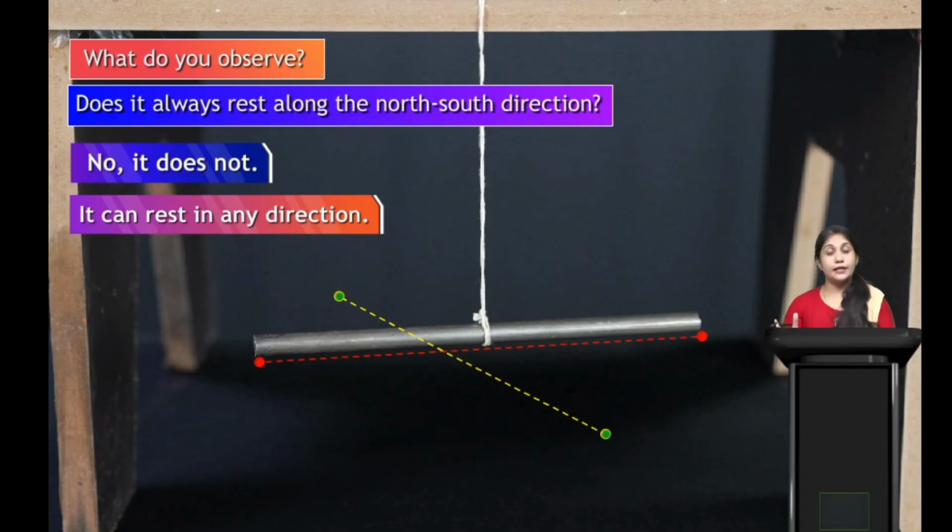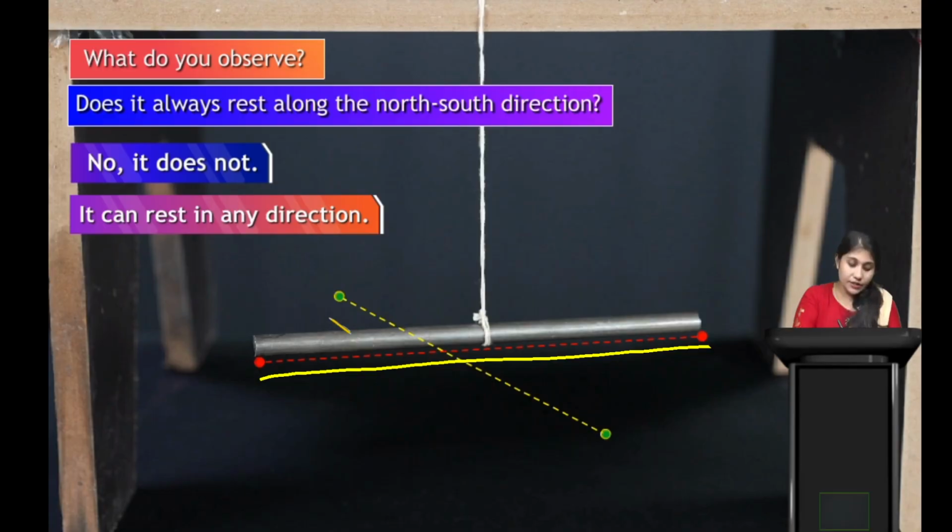It can rest in any direction, and now we can say that an iron rod can rest in any direction. Let me repeat it again.